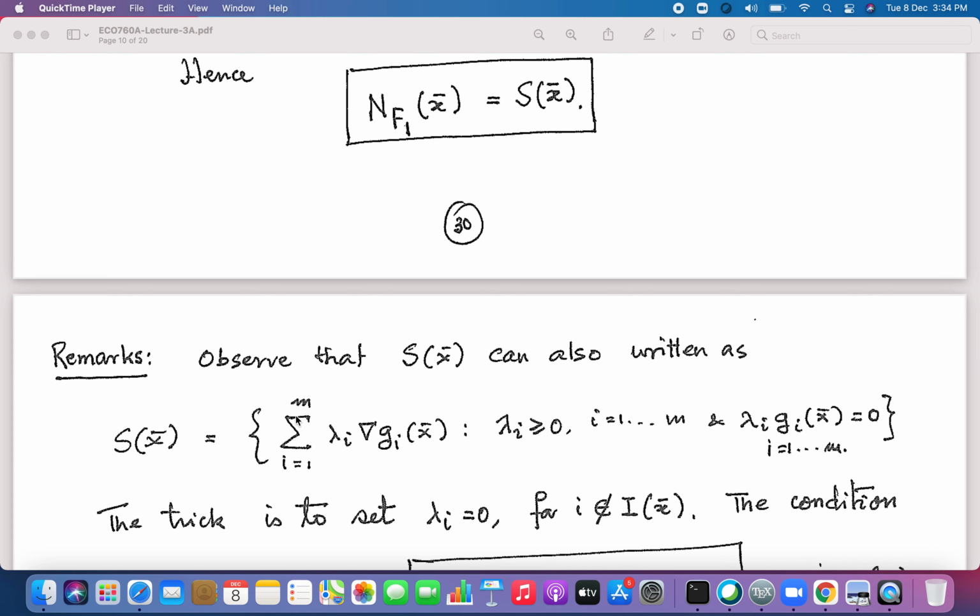Then you can simply write, putting those lambdas equal to 0 and bringing into the sum those gradients of the inactive constraints, that is i not an element of I x bar, where gi x bar is strictly less than 0, any vector v in S x bar written like this, where i ranges not just over I x bar but from 1 to m, with this additional condition which we call the complementary slackness condition.